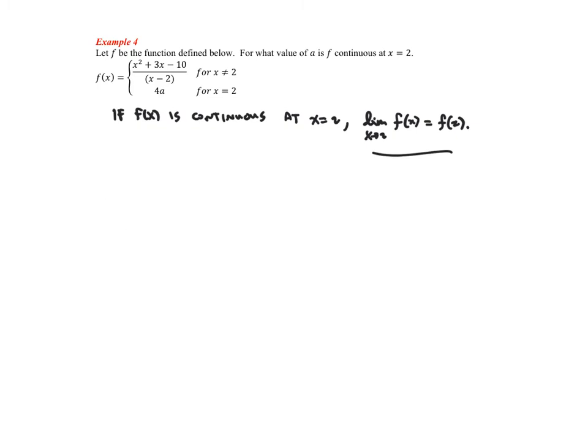Therefore, the limit as x approaches 2 of x squared plus 3x minus 10 over x minus 2 must be equal to f of 2, which is 4a. So I want those two to be equivalent. I'm going to factor and reduce, because I believe if I plug in a 2, we're going to get 0 over 0. So I'm going to factor, which gives me x plus 5 and an x minus 2.